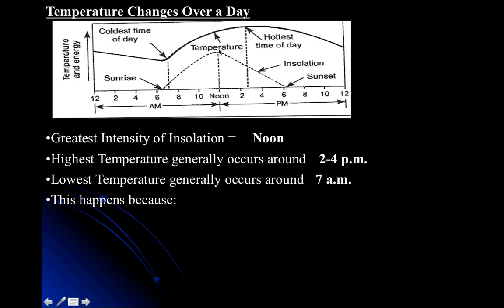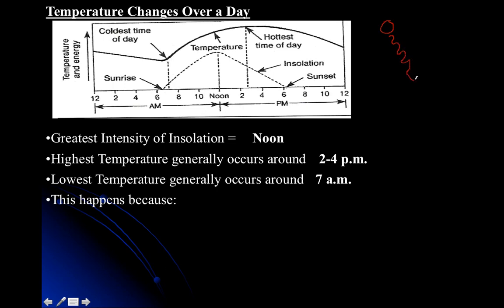So why does that happen? Well, here's why it happens. You got to think back to that picture we looked at where you have the UV rays coming down from the sun, and then the energy is absorbed by the ground. And we said a good absorber is a good radiator. So at noon, you're basically getting hit with just the energy from above from the sun. You're basically getting hit with the short wave radiation. Short waves going down from the sun, right?